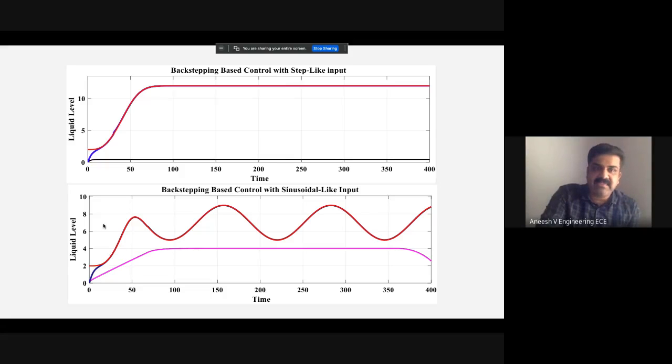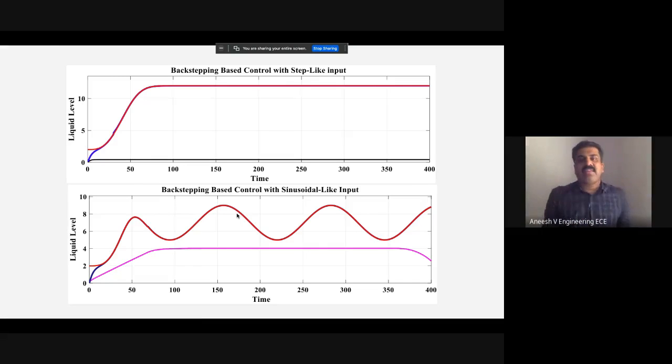You can see that from 0, it suddenly goes along with the reference. But in the case of a PID controller, you would have certain oscillations in the beginning, and only after that will it come to that state and track the feedback.